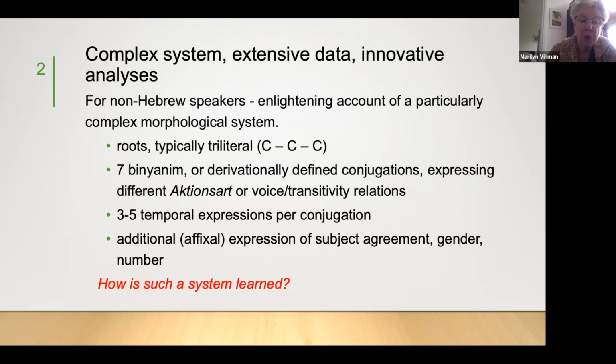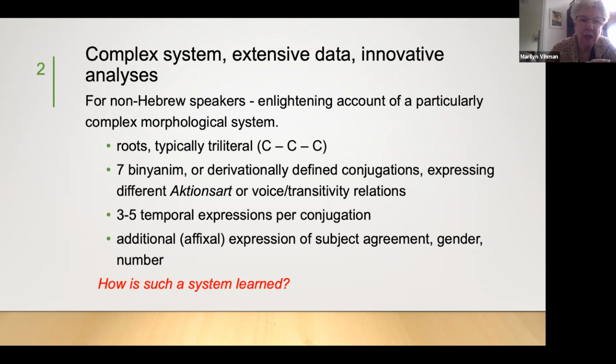And then for each binyan or conjugation, verb conjugation, there are 3 to 5 possible temporal expressions, so present, past, future, imperative, and infinitive. And finally, the last thing that gets expressed in the verb form is an additional affixal expression of the subject, agreement, gender, and number.